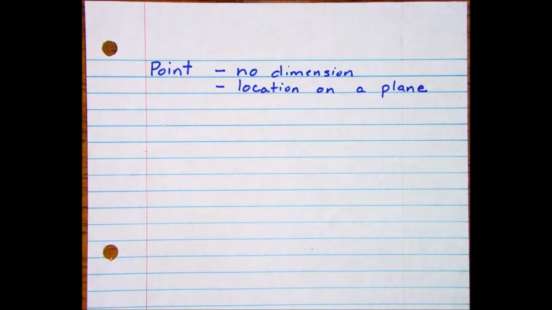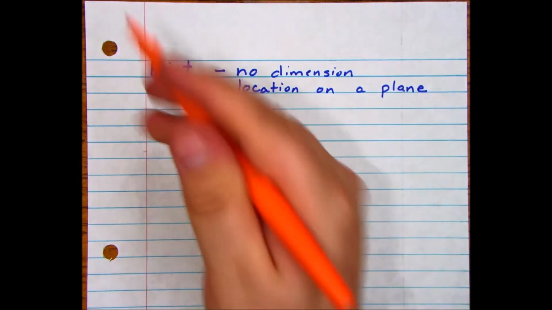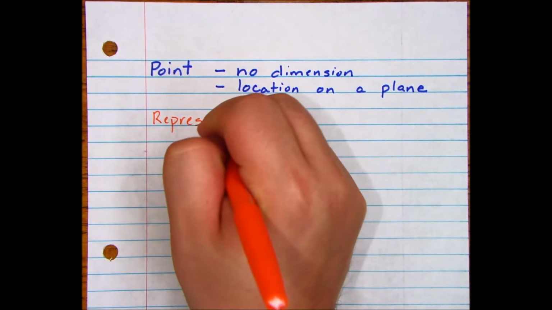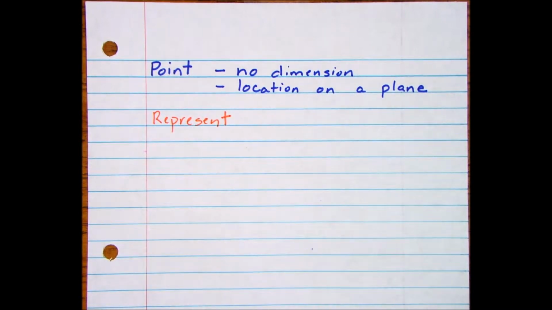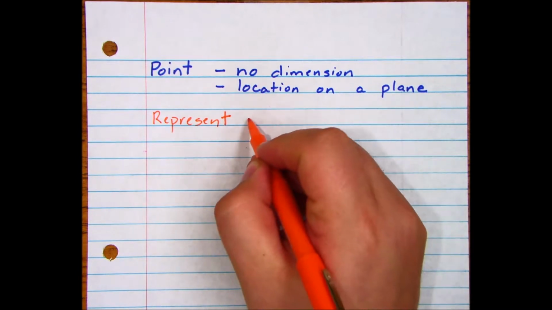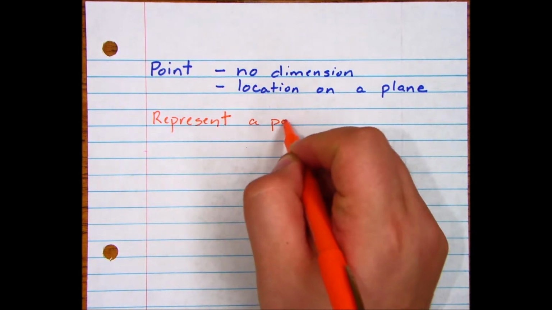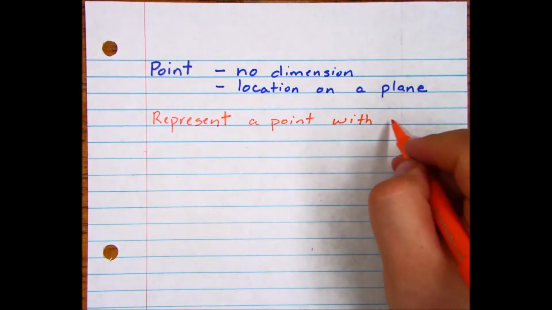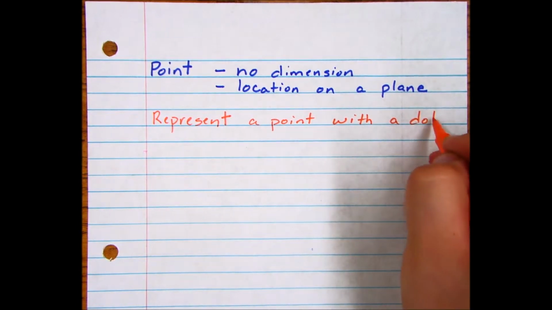Now, we can represent a point with a dot. And that's all we need, just a simple dot.